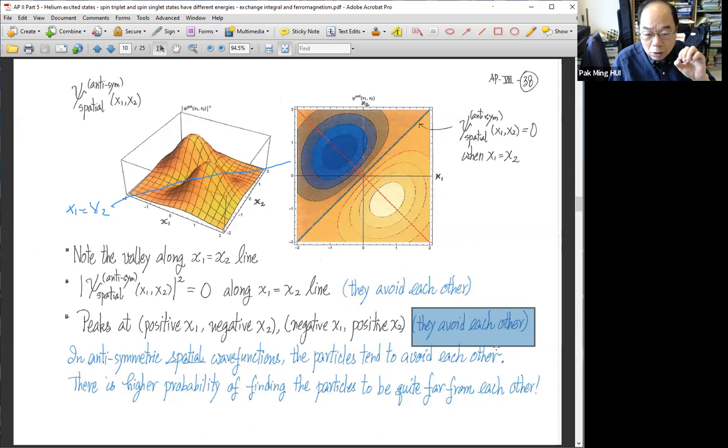We assumed no actual physical interaction between the particles. There's no Coulomb stuff. There's not even gravitational attraction or anything else. Only by the symmetry property of the spatial part, there is some effective attraction or repulsion between identical or indistinguishable particles. This is a very important fact.